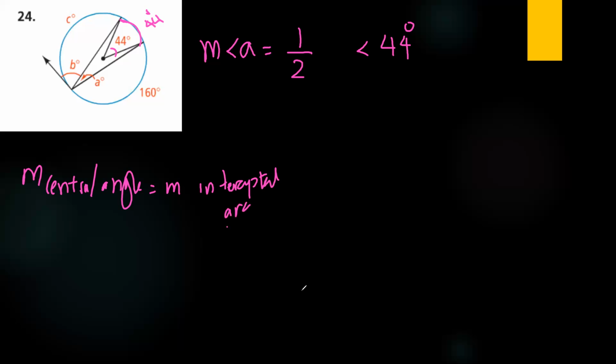So if this is 44, this arc will be 44 too. And the inscribed angle will be half the measure of the intercepted arc.